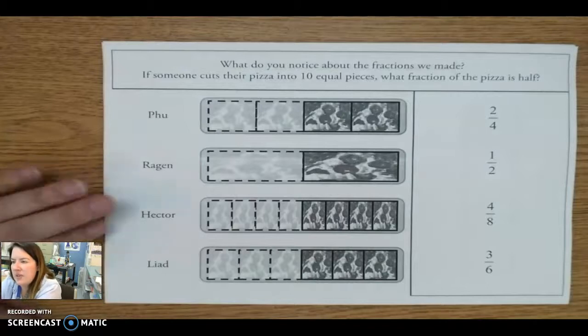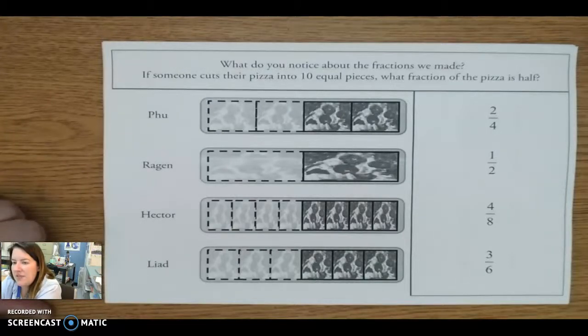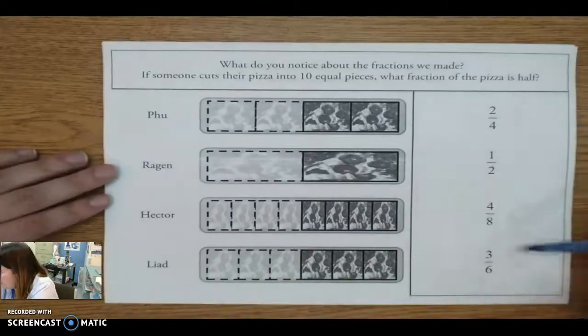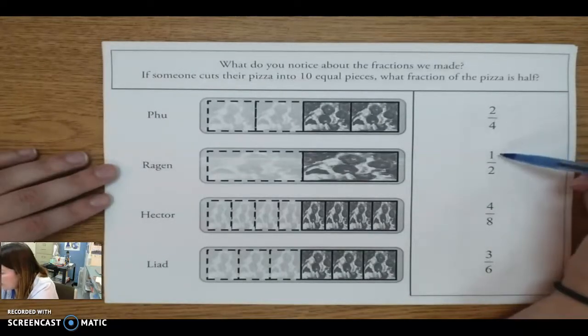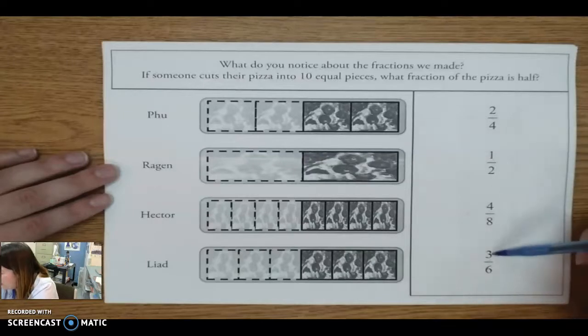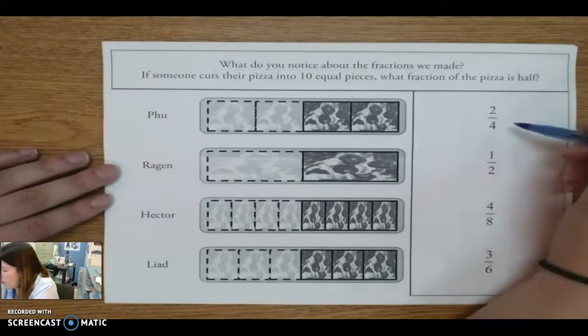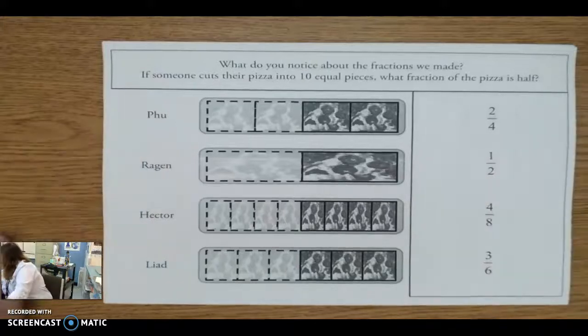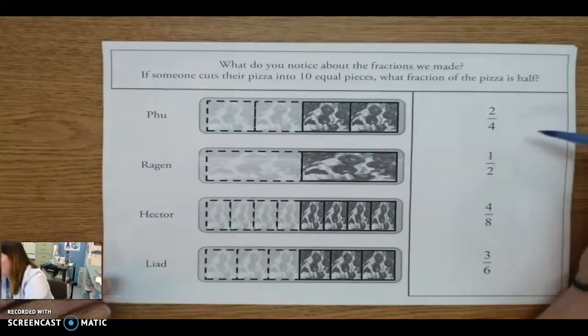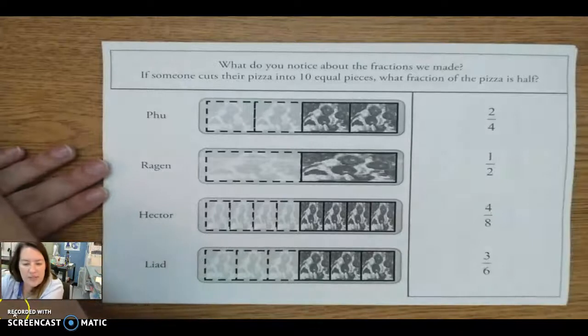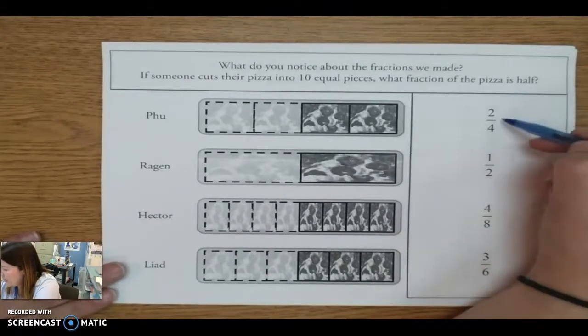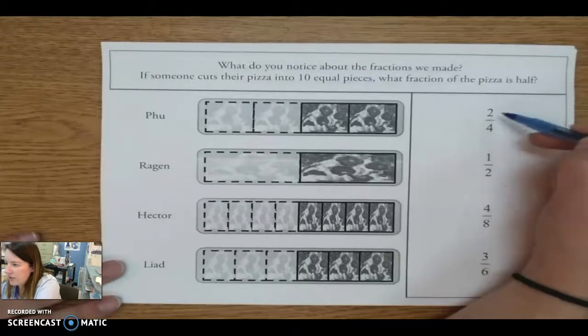So what do you notice about the fractions we made? If someone cuts their pizza into 10 equal pieces, what fraction of the pizza would be half? So look, what do you notice about these? So 2 and 4, 1 and 2, 4 and 8, 3 and 6. Okay, so what do we notice here? 4 and 2, look, what's half of 4? 2.